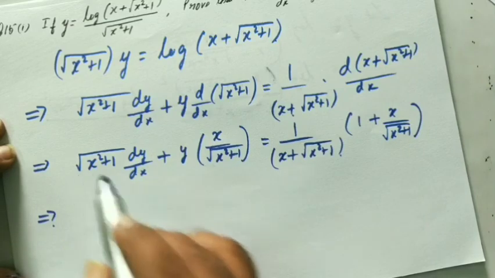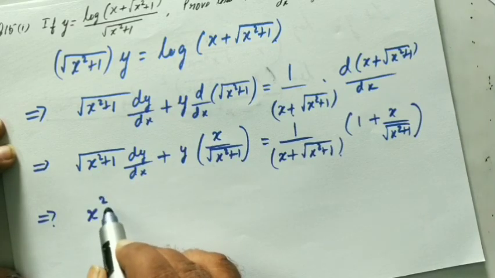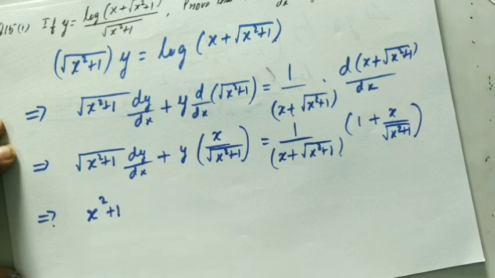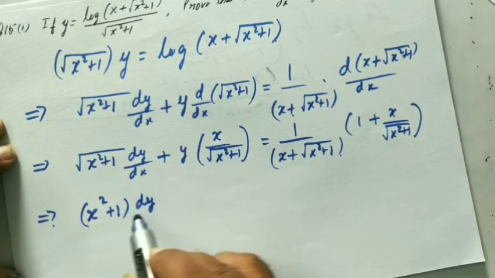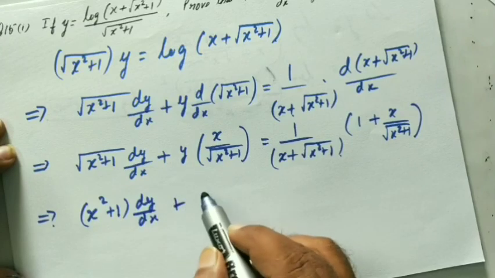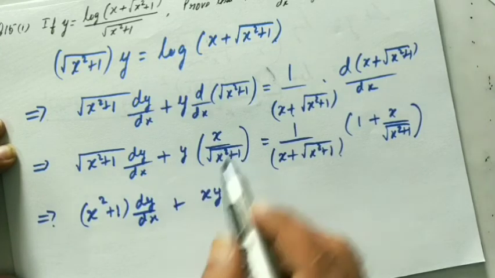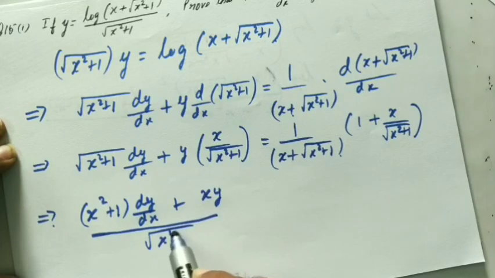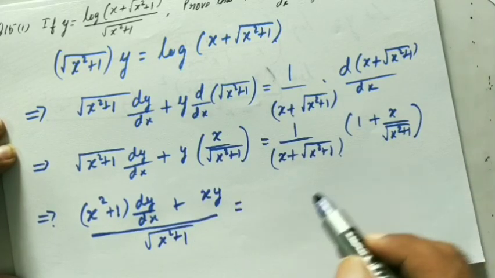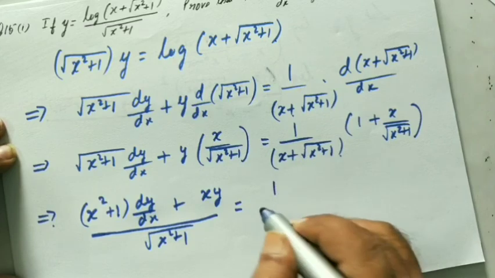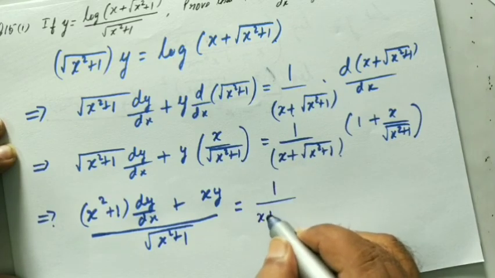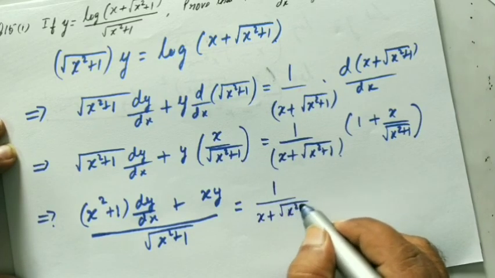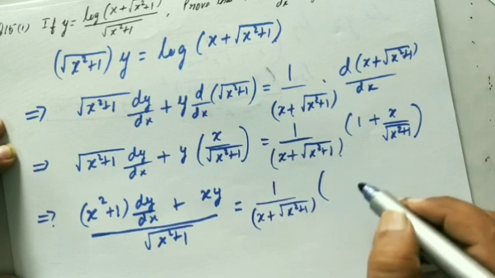Now if I take the LCM, I get this becomes x square plus 1, dy by dx plus xy, whole by, here 1 by, here LCM.